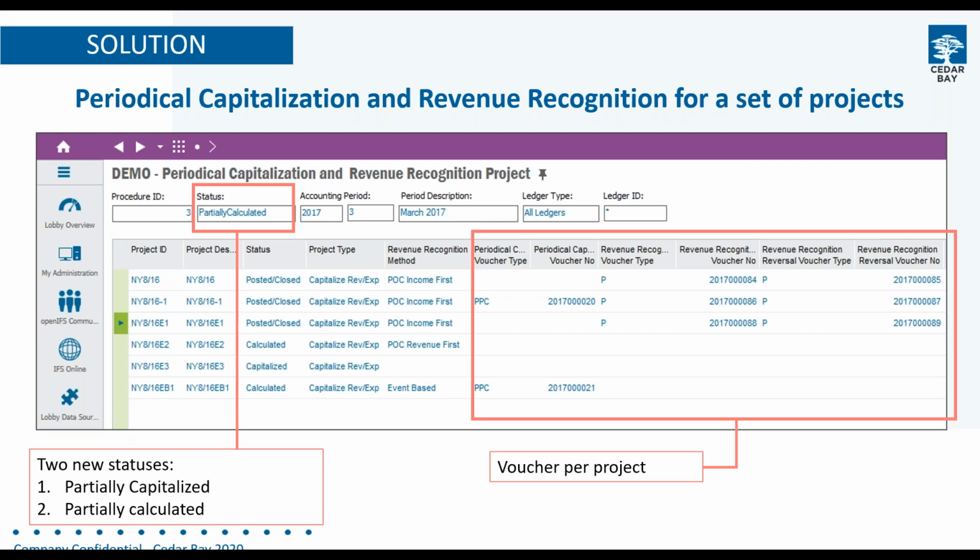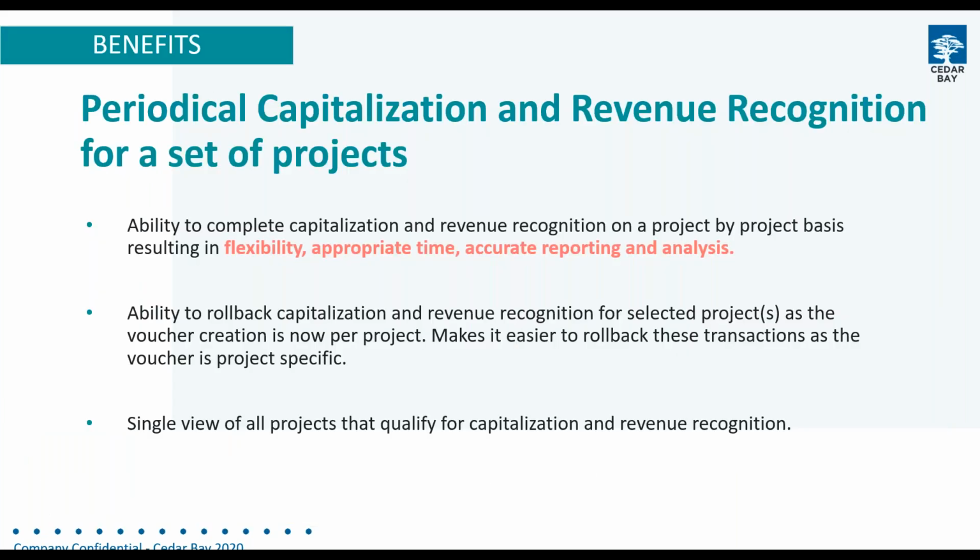In this case, it's amazing that IFS creates vouchers per project, but let me tell you why it's amazing. By creating vouchers per project, we are now able to roll back capitalization and revenue recognition for selected projects. Now, this considerably reduces the manual work that it would take if this wasn't the case.